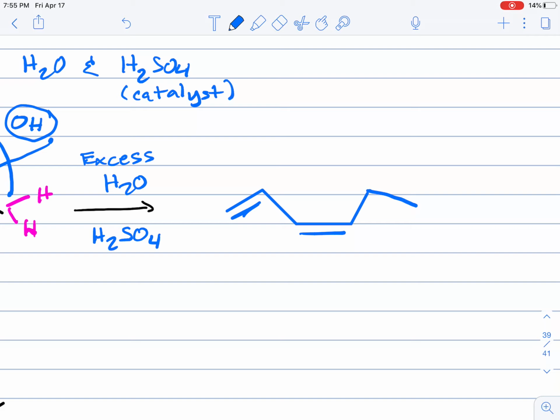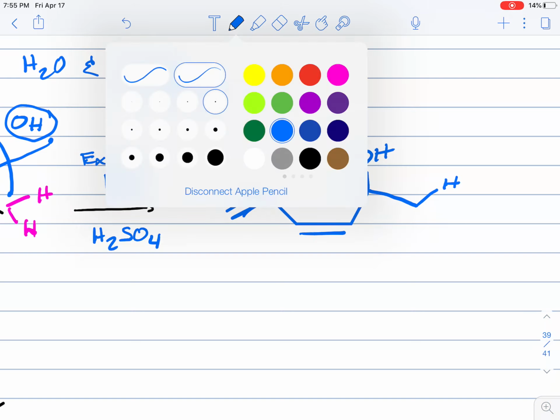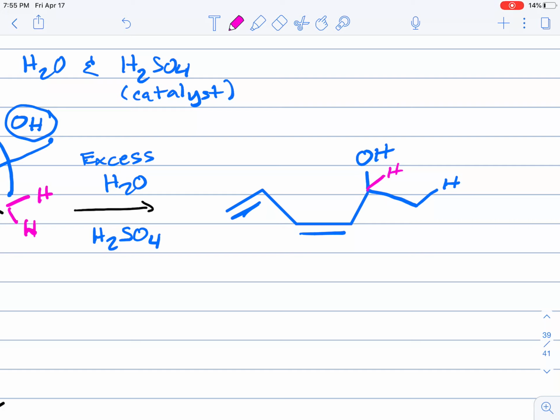And so basically, the OH is going to be added here, and that hydrogen is going to be added here. And the pink represents the original hydrogens that were present before water was added. Okay.